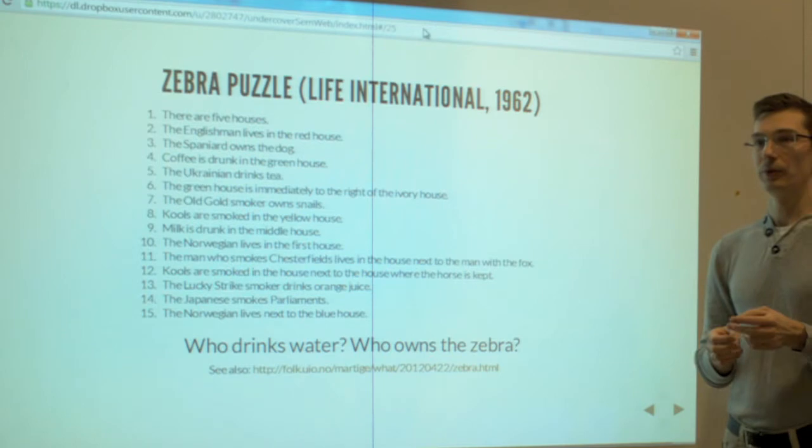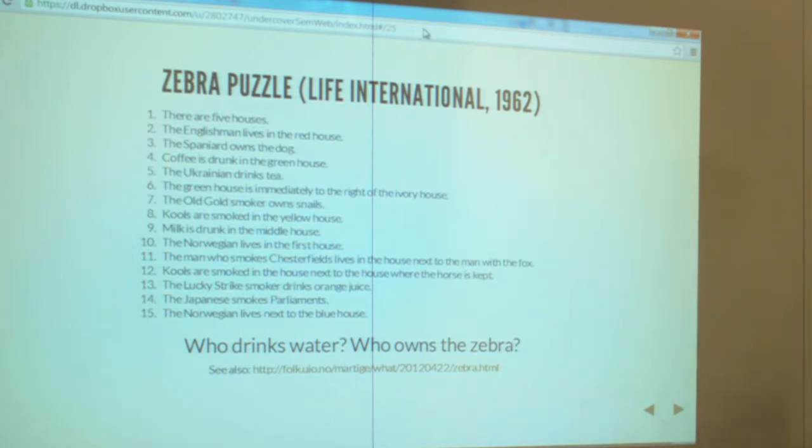No 2 houses are painted in the same color, and so on. And then there are 15 statements which one assumes to be true, and then one has to answer the question: who drinks water, who owns the zebra?